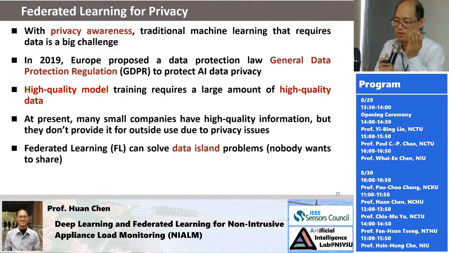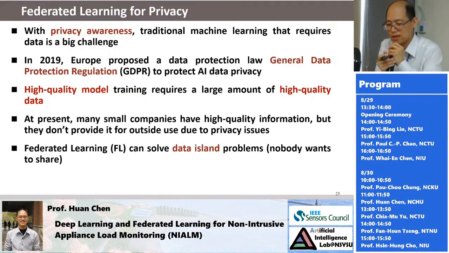So for this privacy issue, in 2019, Europe proposed a data protection law called the GDPR. They protect the AI data privacy. So you cannot use the data freely. You have to consider the privacy issue.